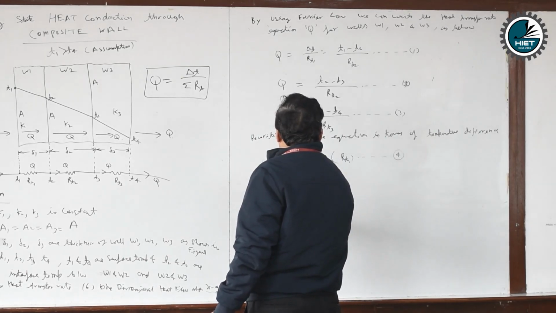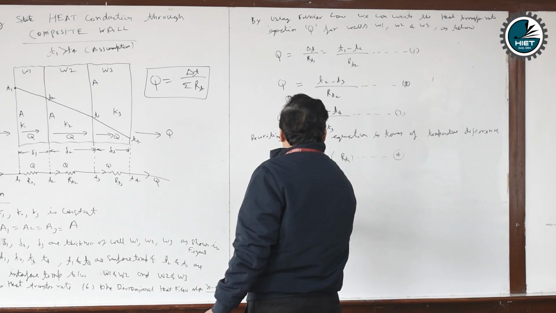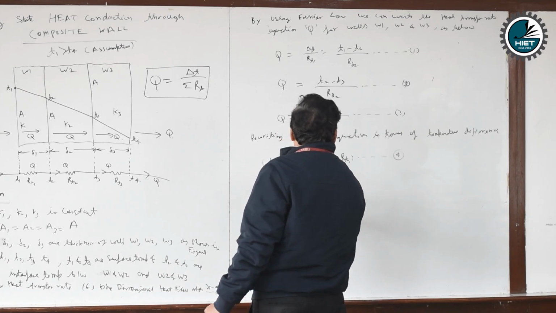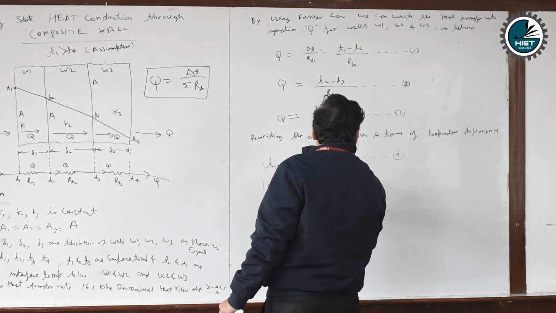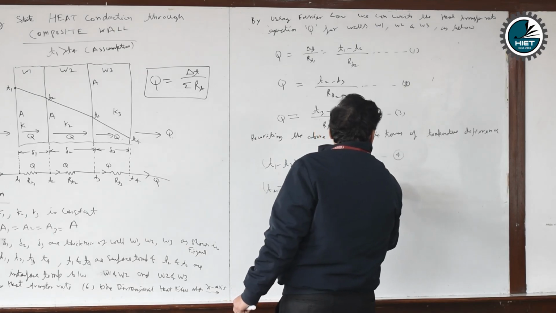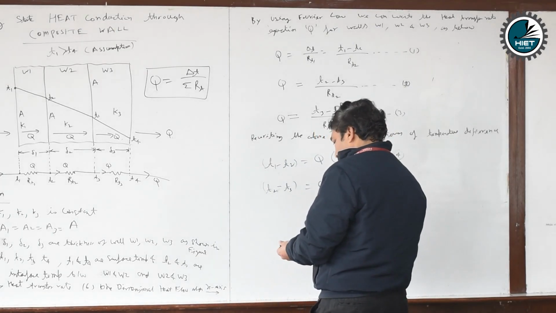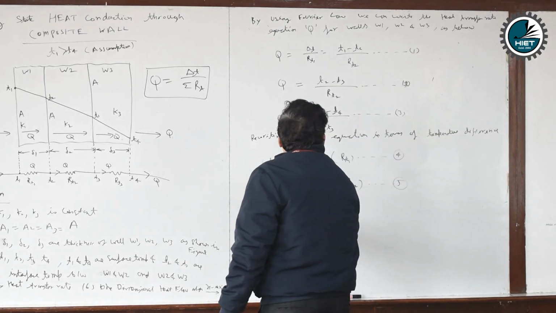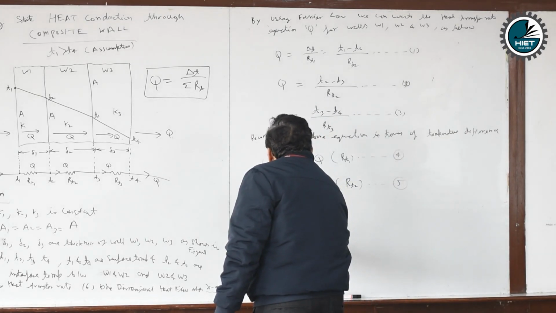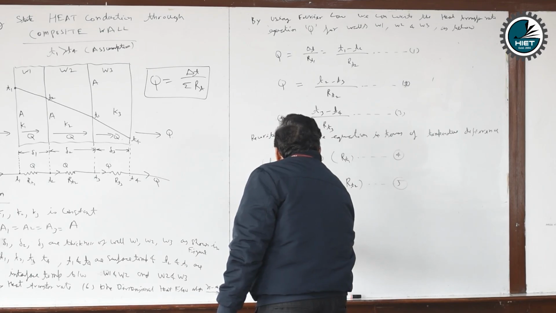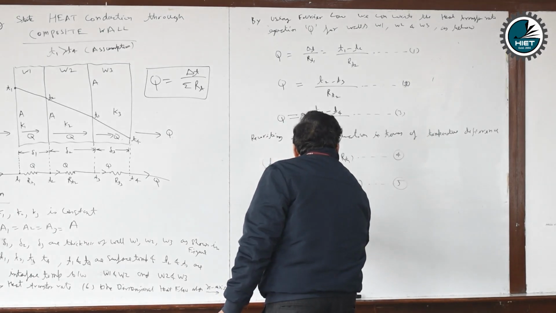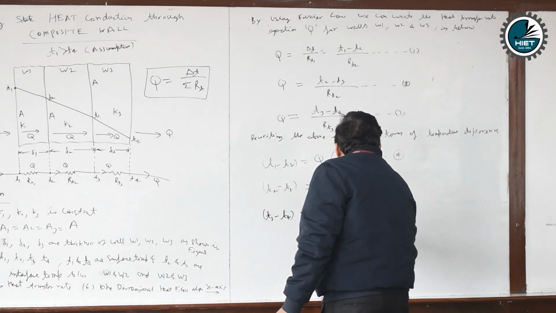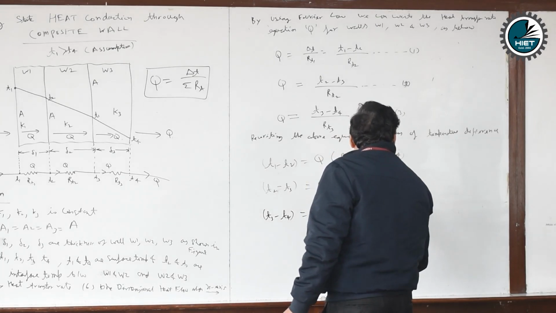Again T2 minus T3 is equal to Q into RT2, equation 5. Then T3 minus T4 is equal to Q into RT3, let me call it equation 6.